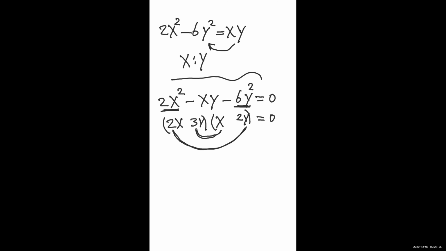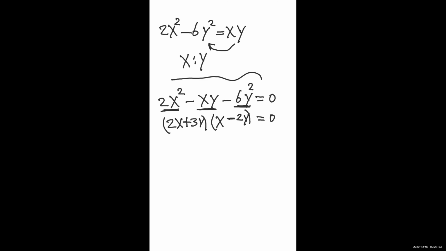The middle term is negative xy, so 4xy and here 3xy. The middle term is negative, so the bigger one, negative 4xy, has to be negative. So this term will be negative and this term will be positive.